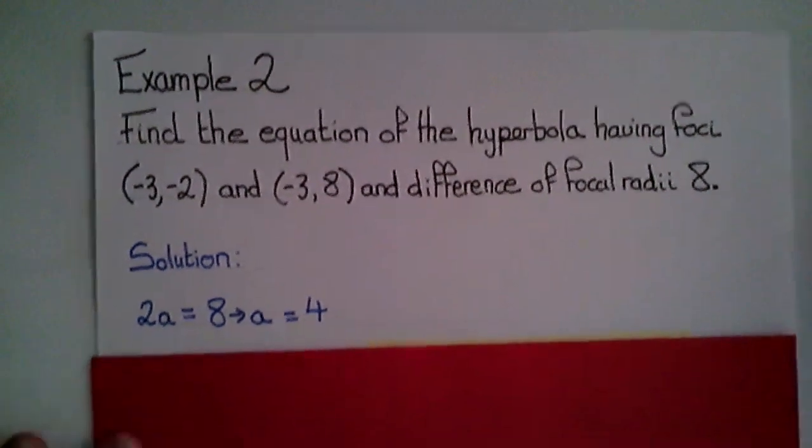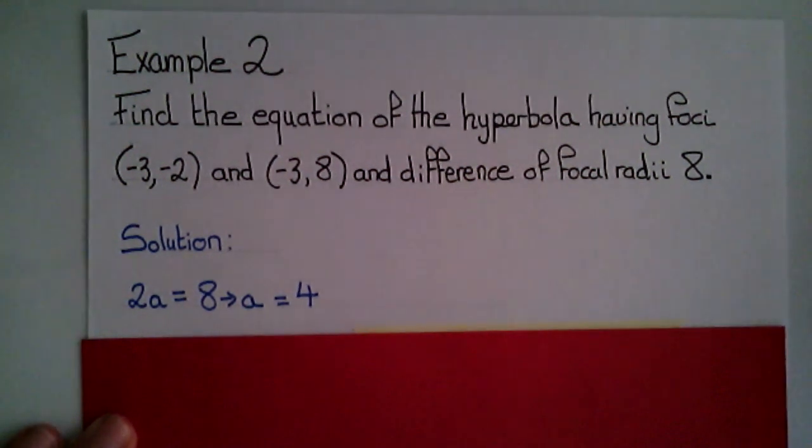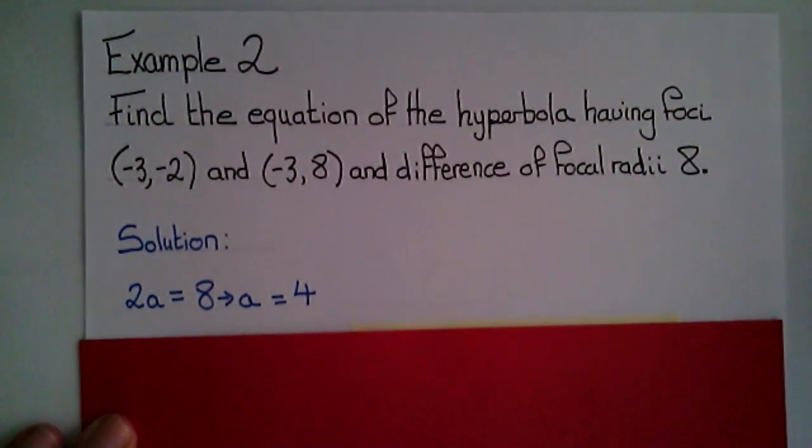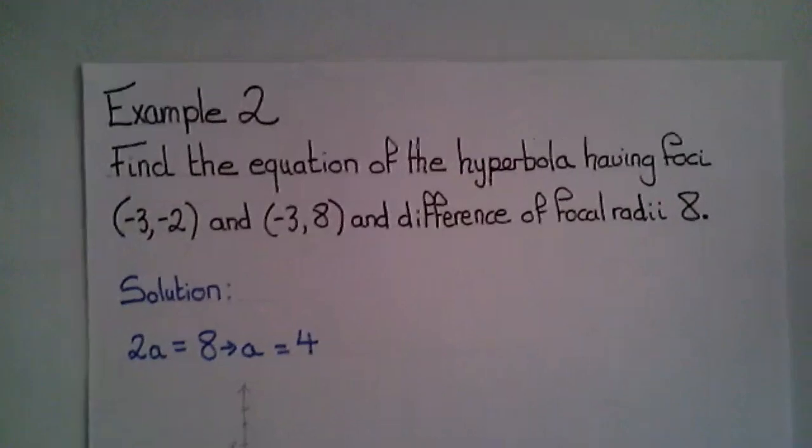We definitely know that 2a is equal to 8, and therefore a is equal to 4. So that's nice and easy.